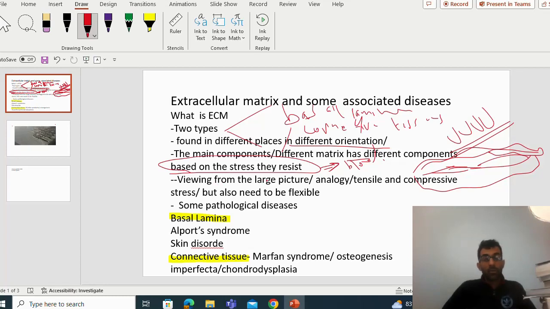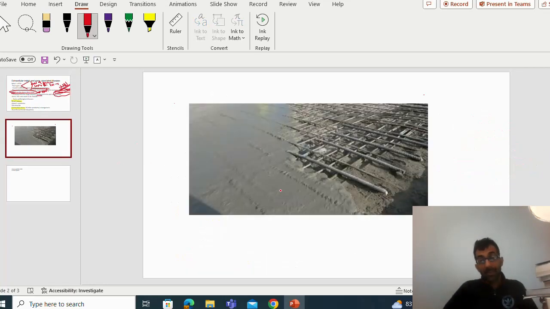To understand and illustrate more about the matrix and its components, we want to make some analogies. For example, in the casting of concrete, the collagen is analogous to the steel rod in the casting. This is analogous because they resist strength.